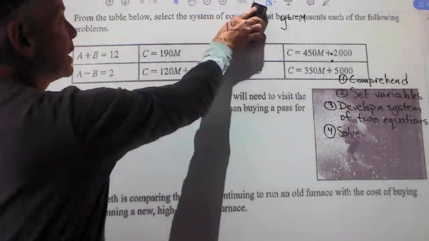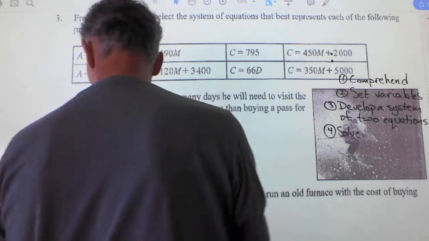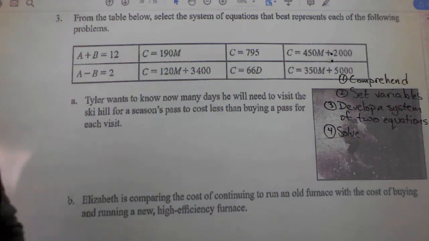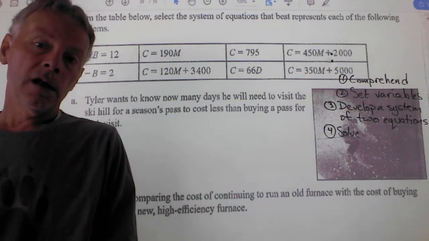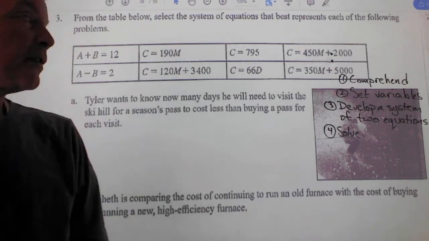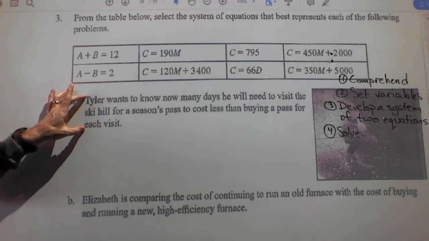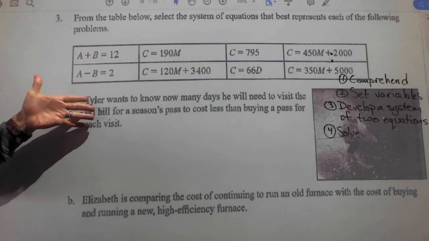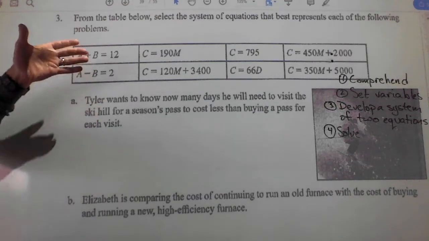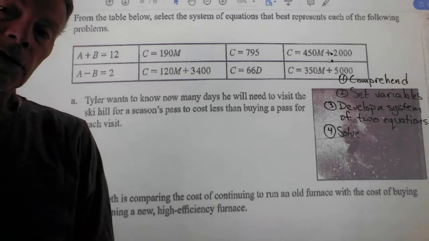Now this is where we get into the most difficult part of solving word problems, and that is you will generally be given a description of a situation in words, which you then have to take and convert into a system of two equations. Okay?